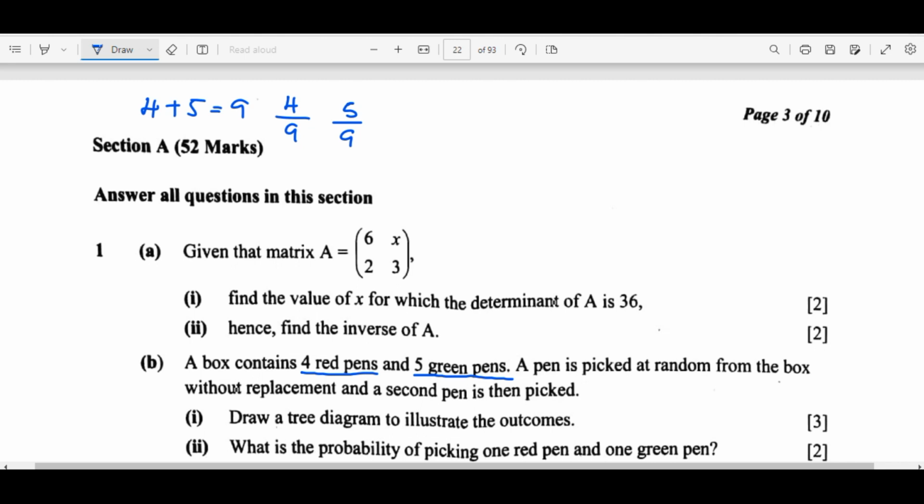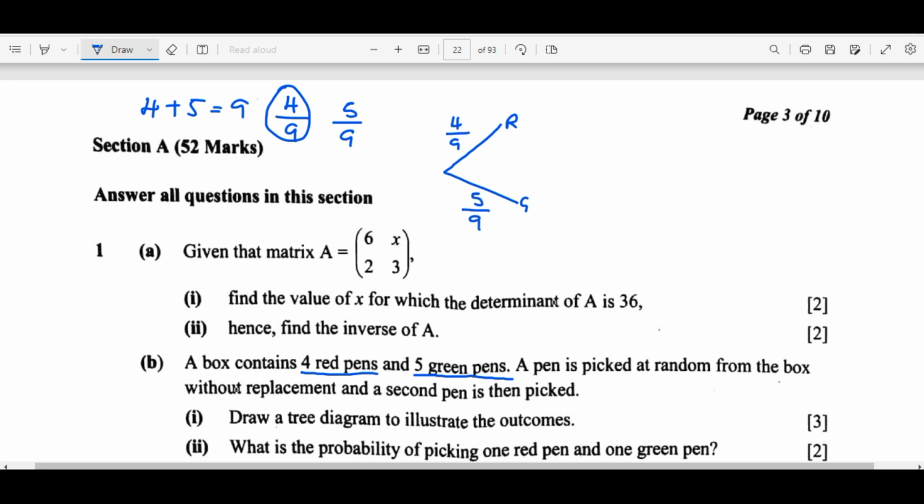So we can draw now a tree diagram. That is the first thing that you have to do. Here you indicate red, and here you indicate green. Out of the total number, which is 9, because this is red, it is 4 out of 9, and then you come to green, it is 5 out of 9.